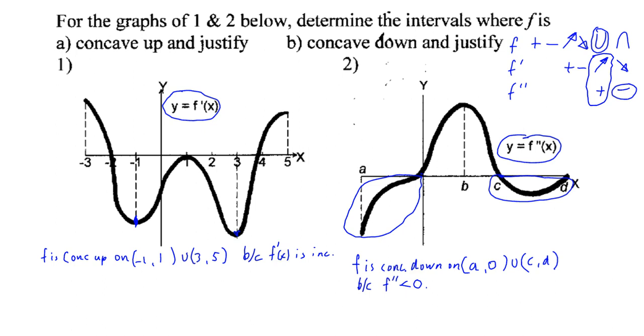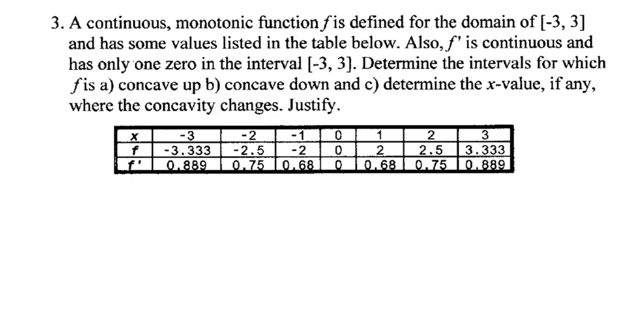Okay, let's go ahead to our next problem, which is going to involve looking at a table. A continuous monotonic function f is defined on the domain, the closed interval from -3 to 3. It has some values listed in the table below. Also, f prime of x is continuous and has only one zero in the interval of -3 to 3.